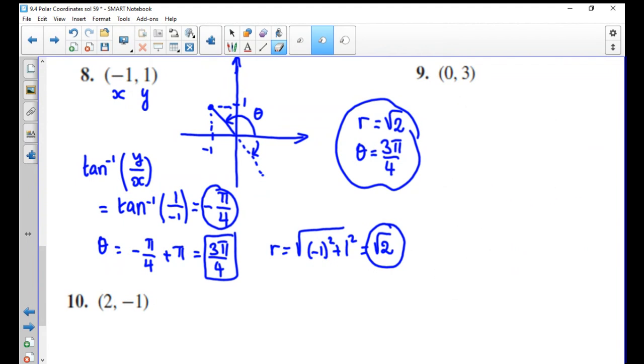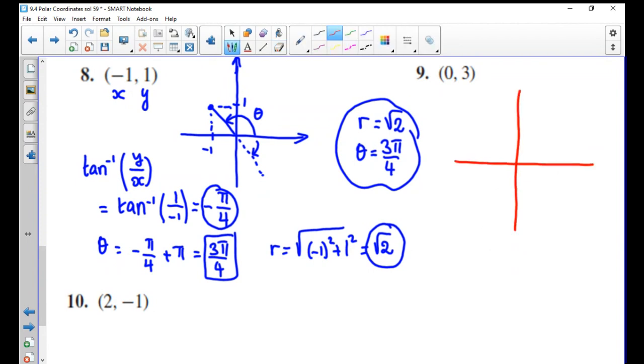Quadrant 1, you don't add anything. Quadrant 2, you need to add pi. If you are in quadrant 3, I think you need to add pi, yes. We can check this. Give me a point in quadrant 3. Negative 1 and negative 1.